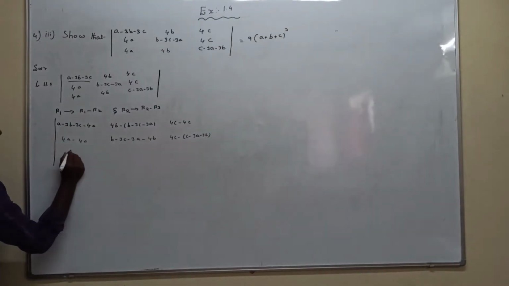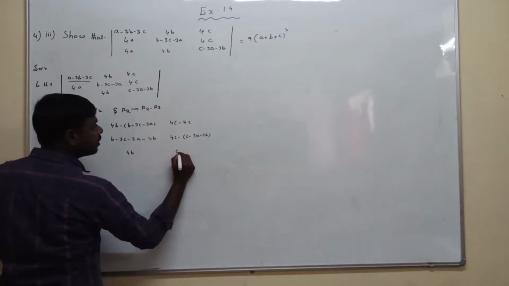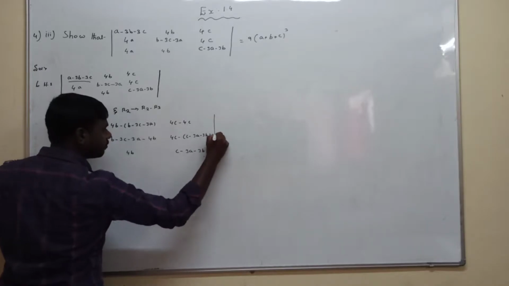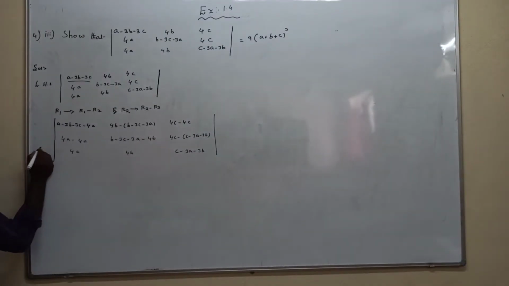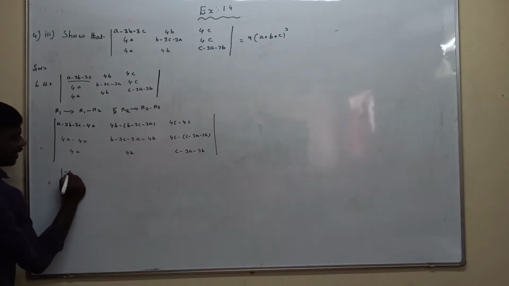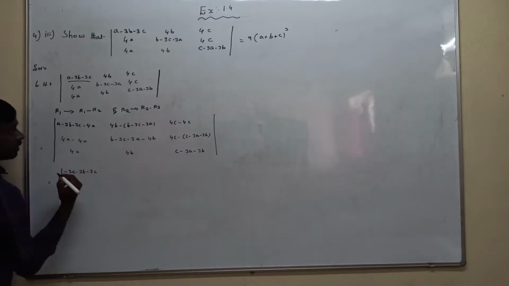R3 does not change, so we write it like this: 4a, 4b, c minus 3a minus 3b. Simplify this one. This one we get minus 3a minus 3b minus 3c.